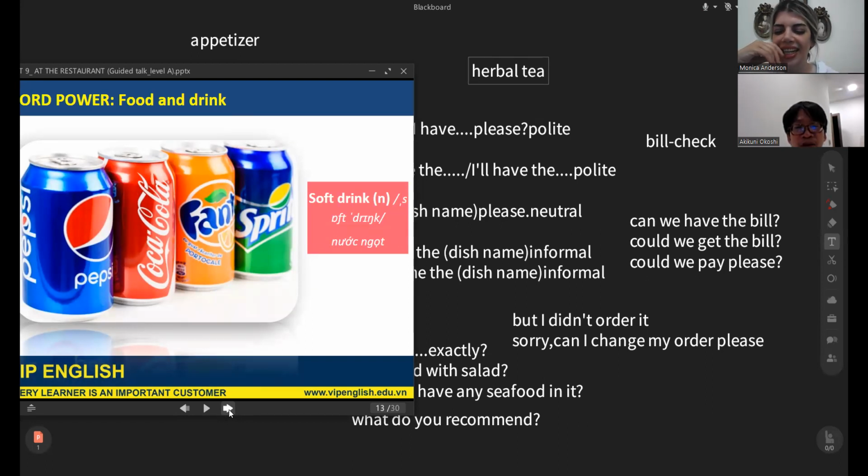Both of them. I don't like it, it's a bit sweet, and I prefer mineral water or tea, not soft drinks.